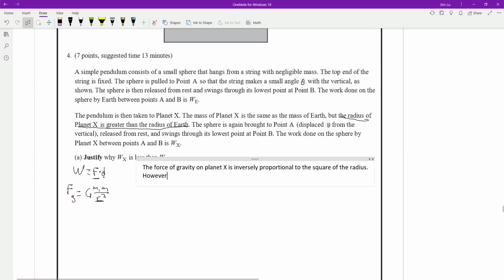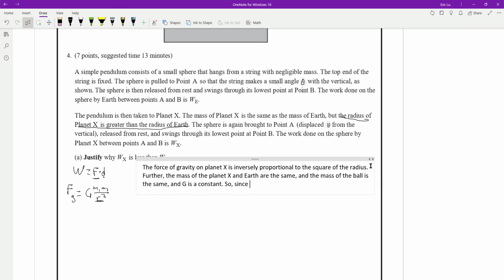However, furthermore, the mass of the planet X and Earth are the same, and the mass of the ball is the same, and G is a constant. It's the universal gravitational constant.